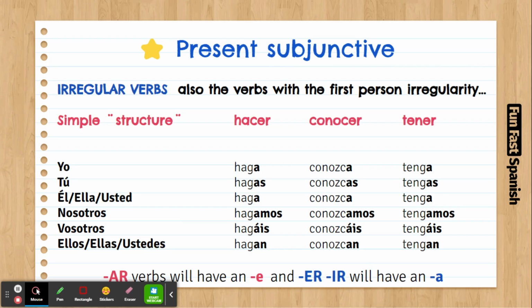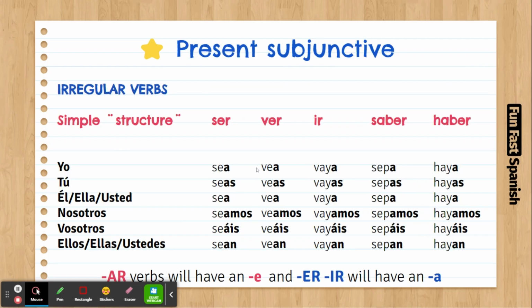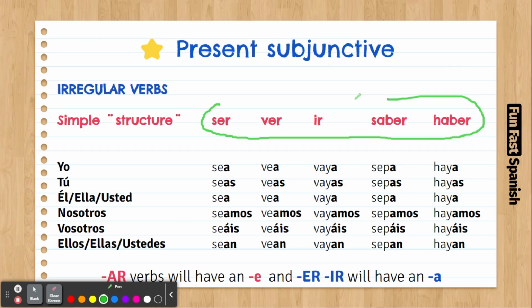Now there are also other irregular verbs. They don't have this kind of irregularity, but you have to learn these verbs as well. Ser, ver, ir, saber, haber. Yeah, sea, vea, vaya, sepa, haya. If you learn these ones, sea, vea, vaya, sepa, haya, the first row, the rest is easier because you just have to use the same ending.